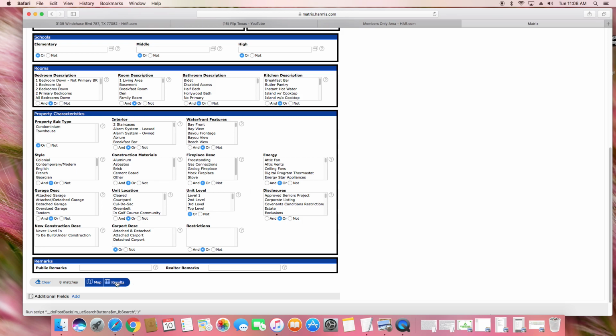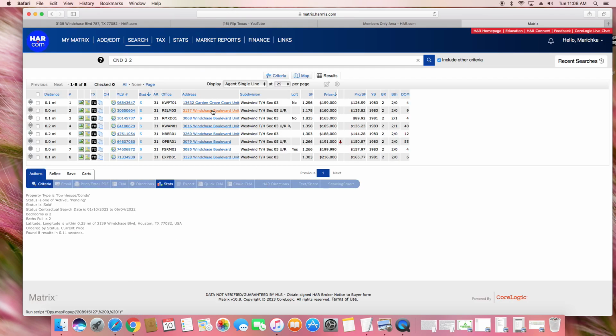Okay, we have 8. So what's the first thing that we notice? There are no active properties. So this is really good news for us, because if there are no active properties, it means we have absolutely no competition.